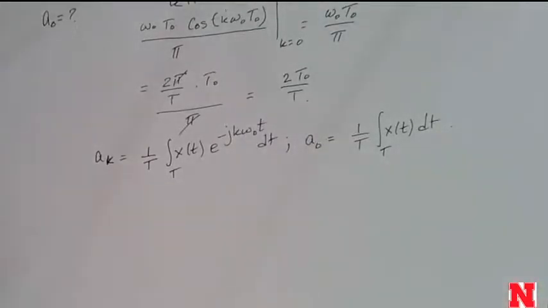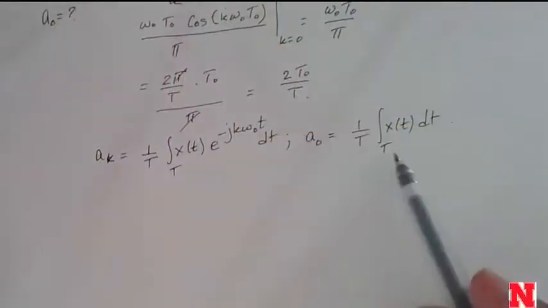So it's the integral over a period divided by the period. That is the average value of the function, right? It tells you I'm taking one period, I'm finding the integral over that period, and then I'm dividing by that period. Think of the integral as a sum, and in that case, if you took the sum over an interval and then divided by the size of that interval, you would have the average of that function over that interval.